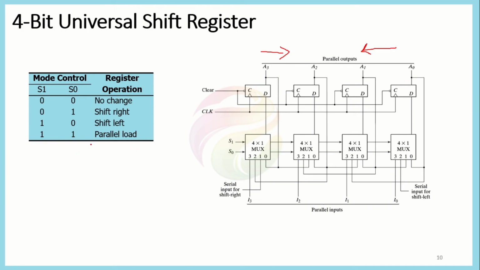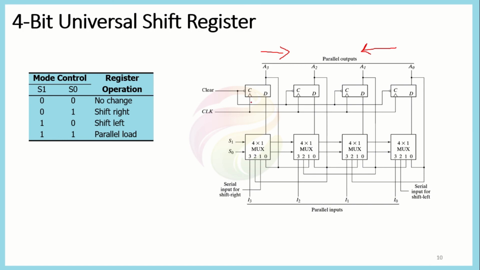Similarly, if we have both of them equal to 1, S0 and S1 equal to 1, then we are able to connect all these external or parallel inputs I0, I1, I2 and I3 to all the 4 flip-flops that are involved in this system. We were able to load all these values directly to this system.